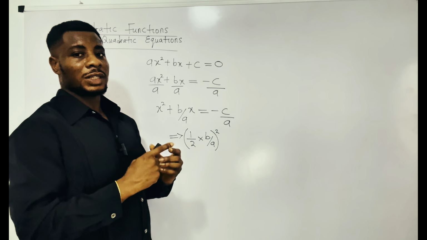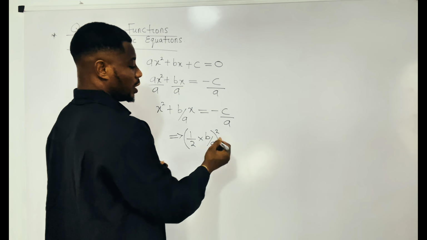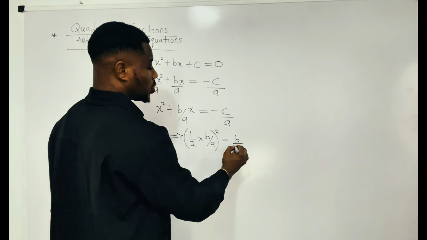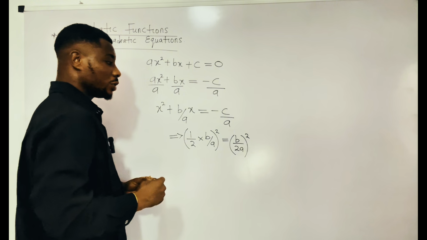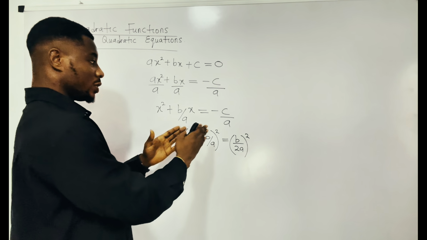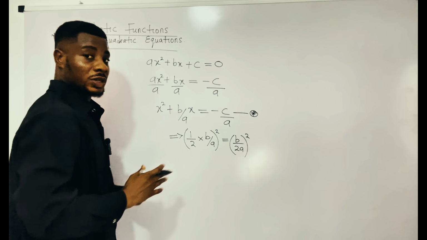Then I'm going to add it to both sides of the equation. The value I'm going to have here is b over 2a all squared. I'm going to add it to both sides of this equation. So let's do that.